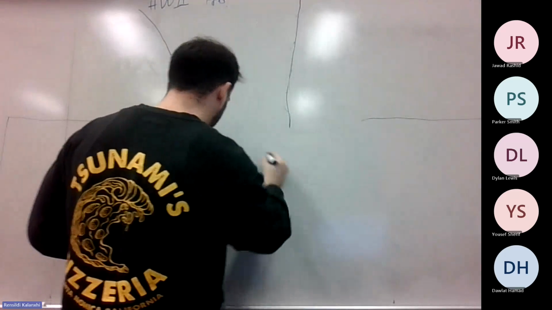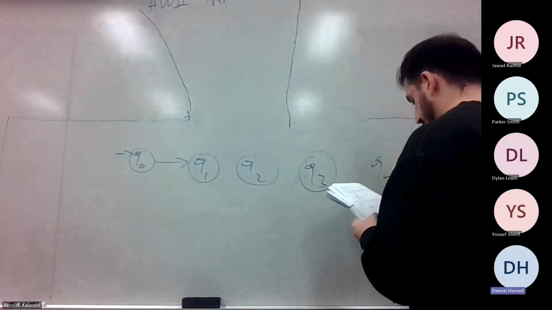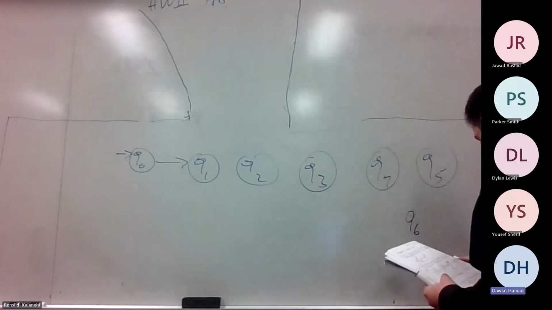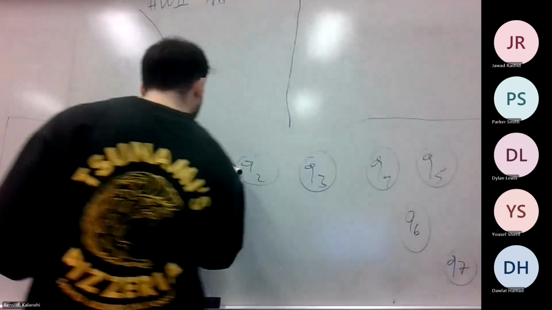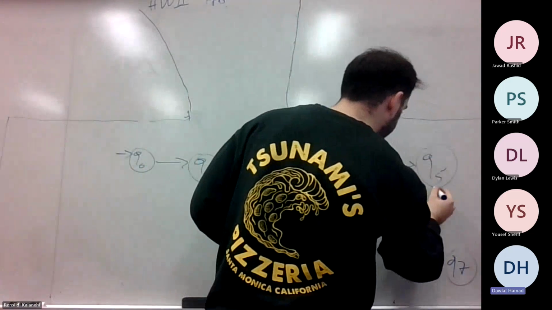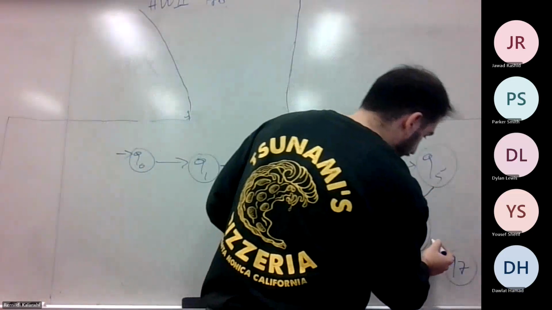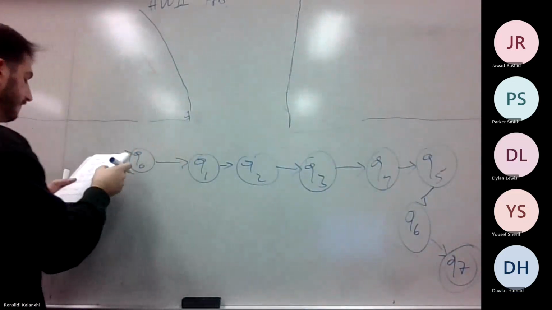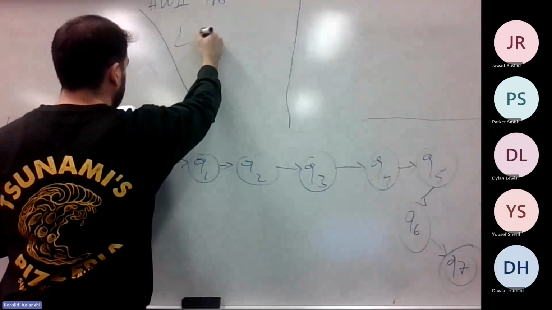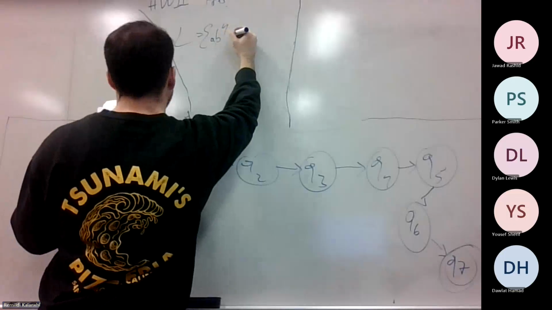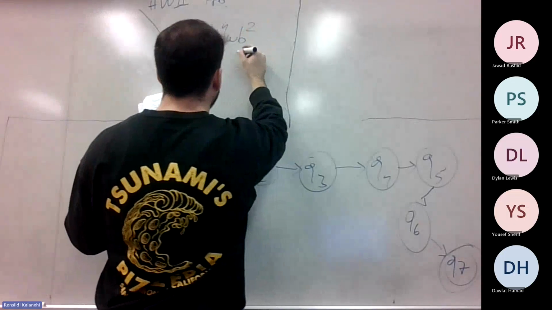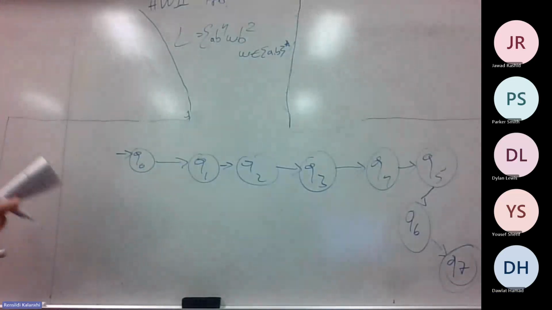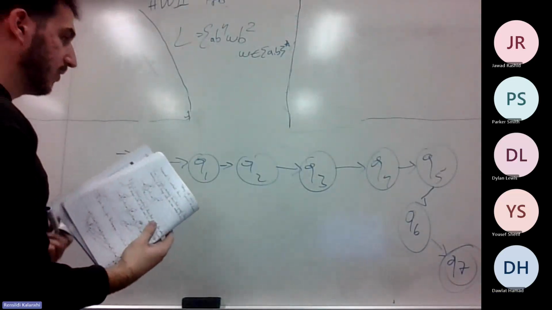All right. The language for this problem is a b^4 ω b^2, where ω is (a+b)*, which means that ω can be any combination of a and b, or lambda.